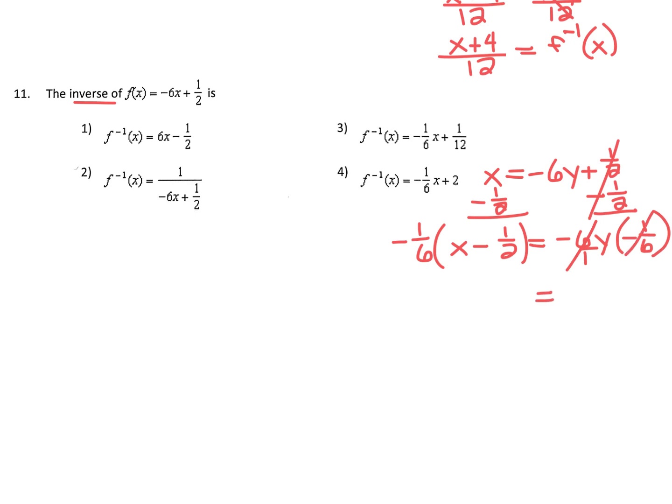So that's going to leave us with just y, which we could replace with f inverse of x. And then just distribute. You get negative 1/6 times x, which is negative 1/6x, and negative 1/6 times negative 1/2 would be positive 1 over 12. So that is choice 3.